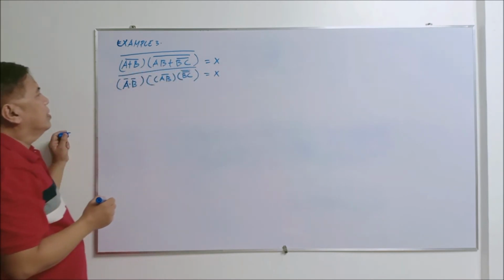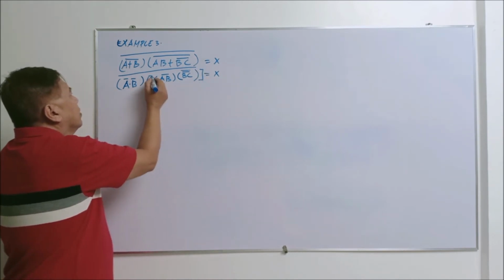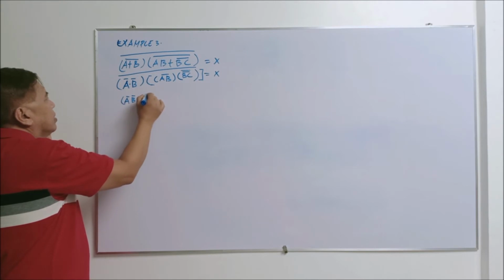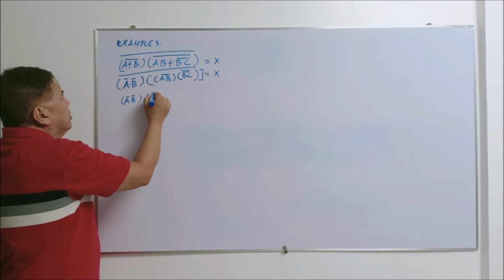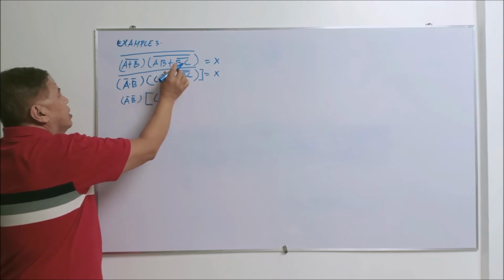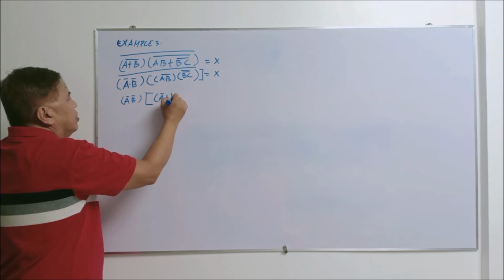Okay? Then this becomes A bar, B bar times, this one here is to be complemented again. So let's make another parenthesis. This becomes A bar plus, the sign here, which is multiplication, is changed to addition.